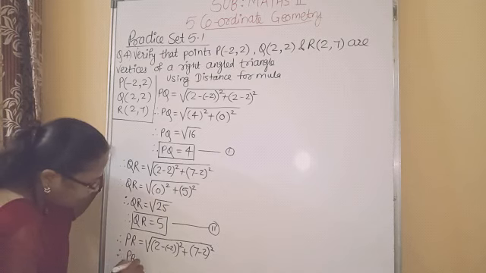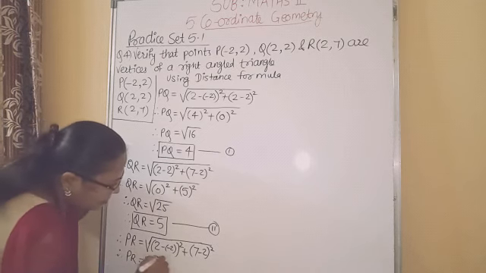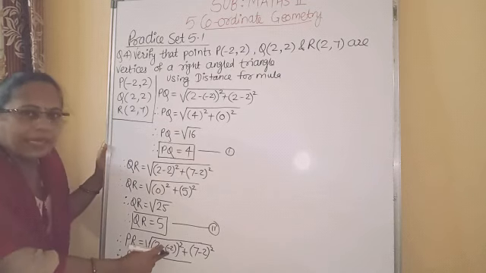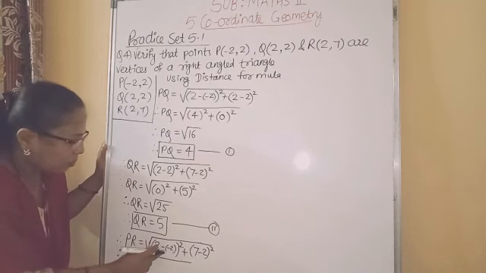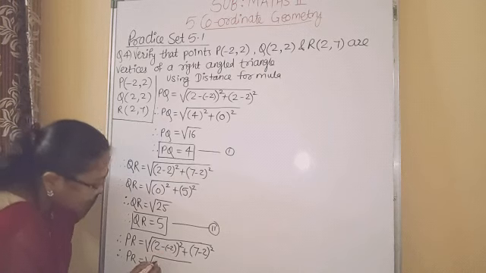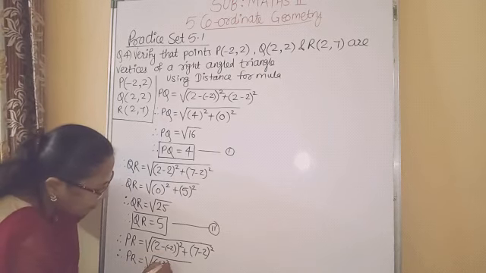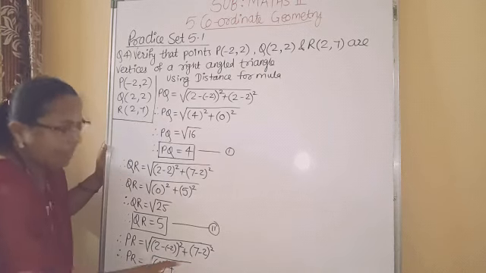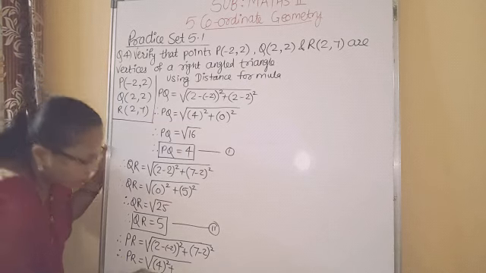Therefore PR is equal to, minus into minus plus, so 2 plus 2, 4 square, plus 7 minus 2, 5, 5 square.